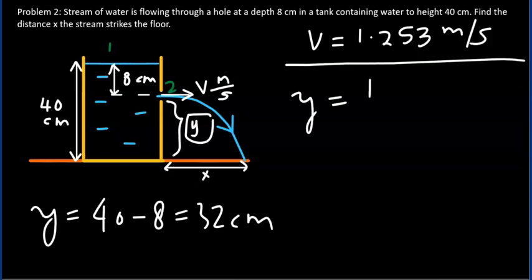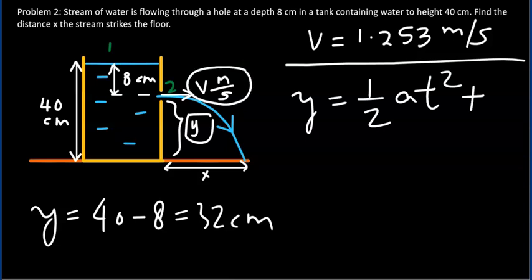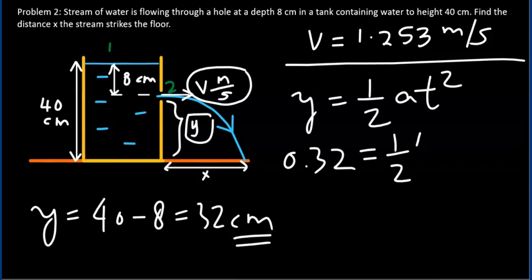So y equals half a t squared. Since initially the velocity is purely in x direction, there is no y component to its velocity. So the second term of that kinematic equation is 0. Now since y is 0.32 meters, we have converted cm to meter. Half gravity is the acceleration, so it's half of 9.81 t squared, and you can get the t.